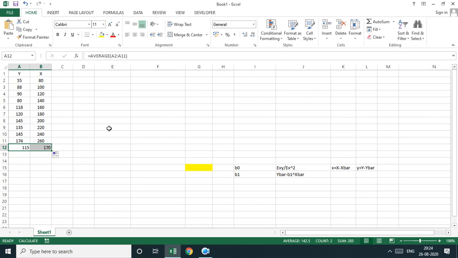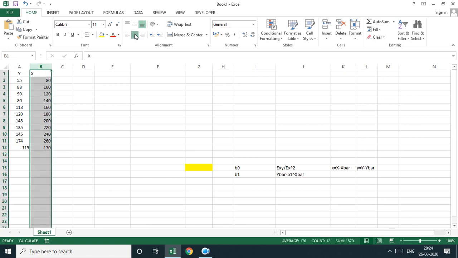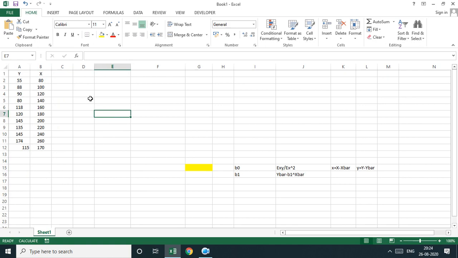We have got 115 and 170. Now you find small y and small x. How can we find small y? This 55 minus this 115. You do that and you get minus 60.